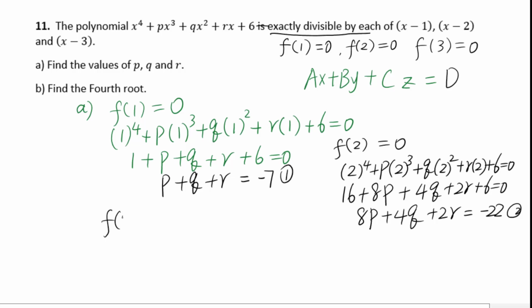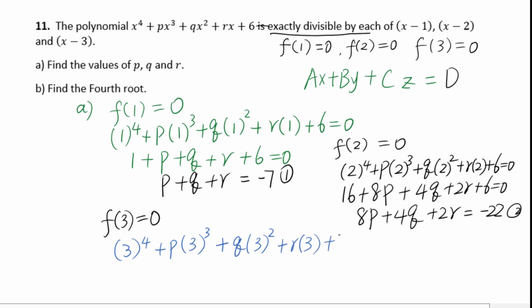For f of 3 equals 0, we will get 3 to the fourth power plus p times 3 to the third power plus q times 3 squared plus r times 3 plus 6 equals 0.